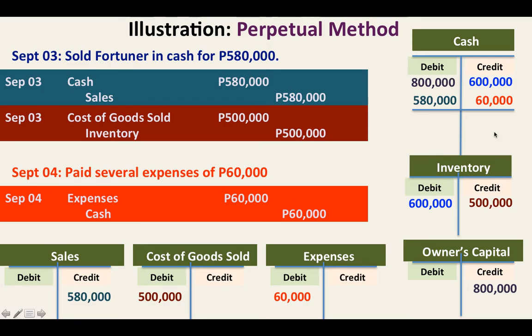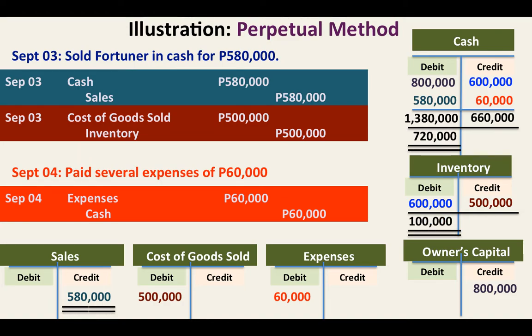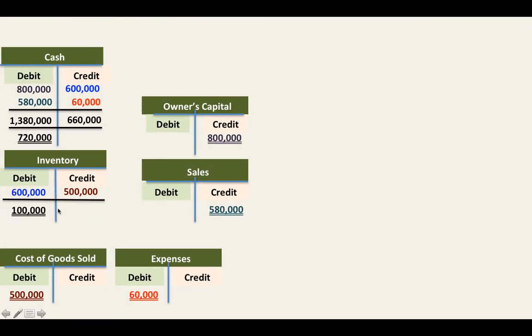In doing that, we have to do the footing in our T account, and get the net balance. Here they go. So these are our accounts. We have just carried it forward to the next slide.